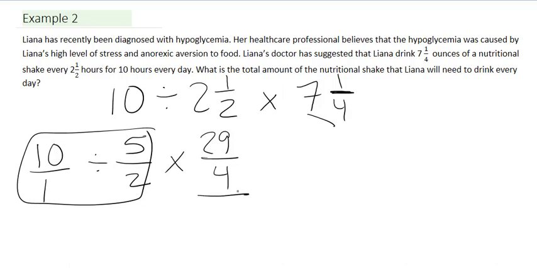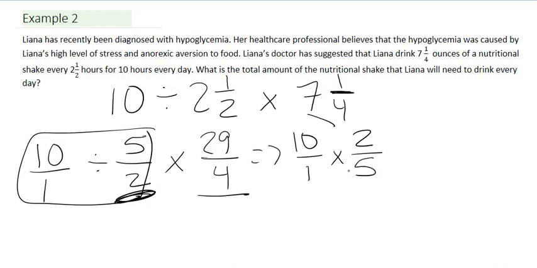So we know that 10 over 1 can then be multiplied if we take the reciprocal of the second term. So we're going to multiply this number to 10.